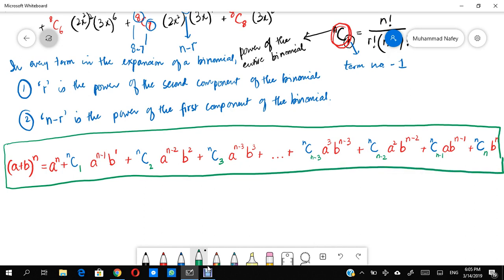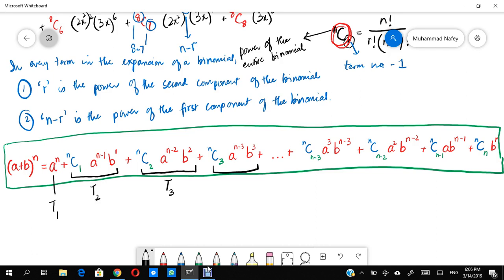Right. Now we'll take a look at this binomial expansion and we'll derive something called a general term formula. Before we move on with the general term formula, I'll just number the terms here. This is term 1. This entire thing is term 2. This entire thing is term 3.